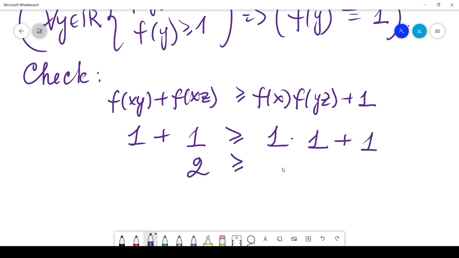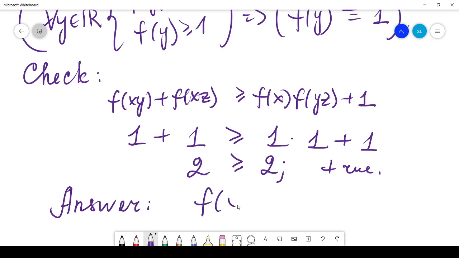And 2 is bigger than or equal to 2. Yeah, that's true. And the answer will be f of x is equal to 1 for every real number x.